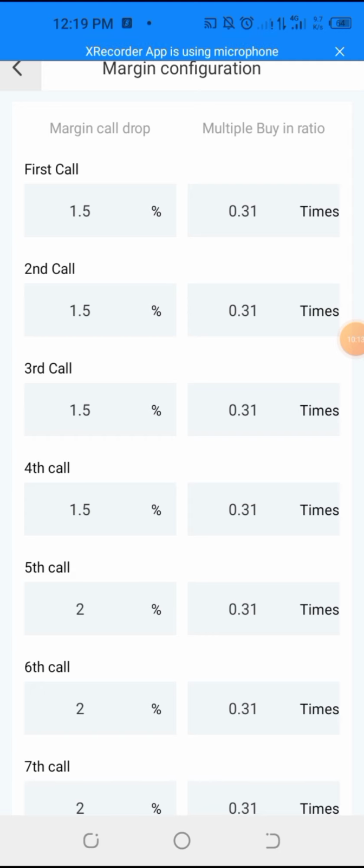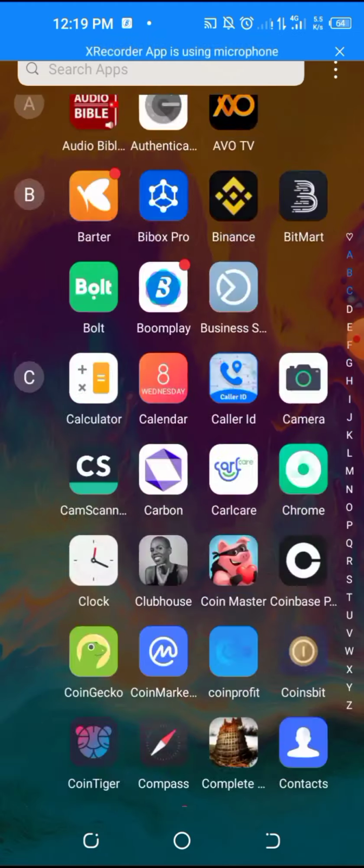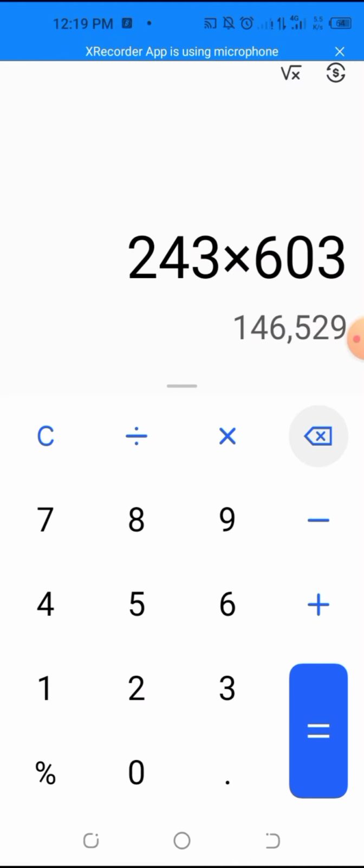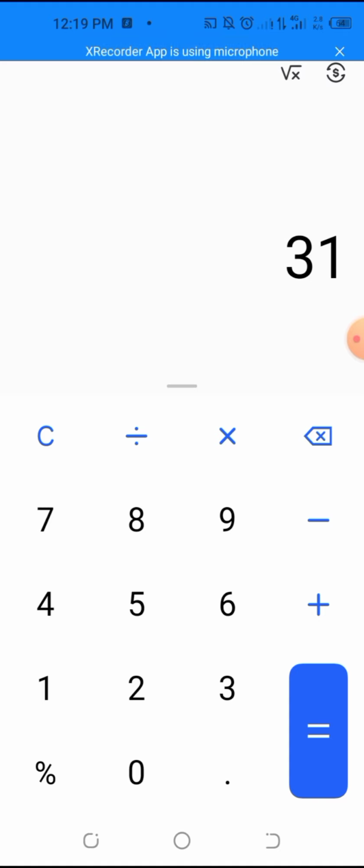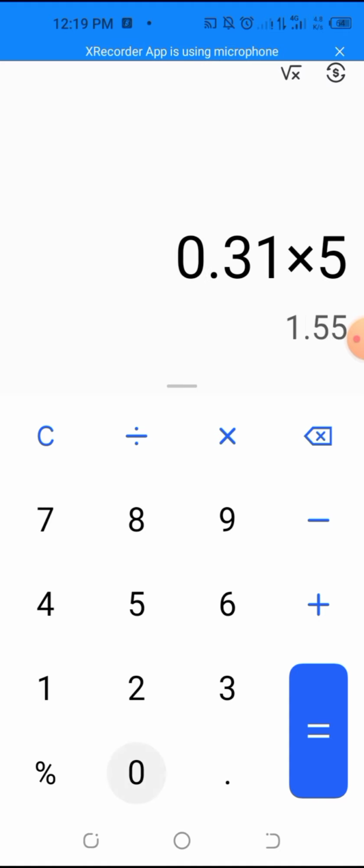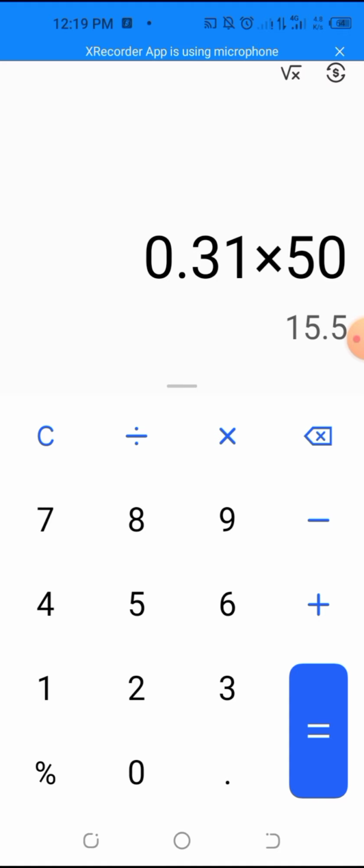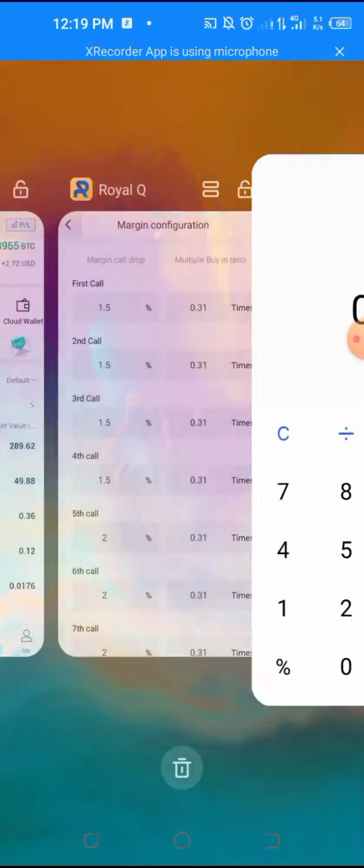And since my first buying amount was already $50, and I told it to be buying 0.31 times, that means if you multiply 0.31 times $50, I want you to buy those $15 anytime it goes down. So it still be making money for me in the dip.